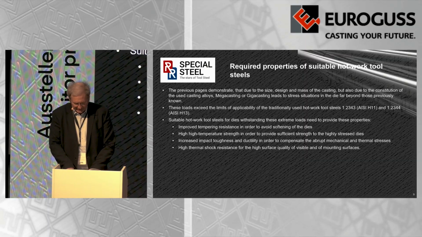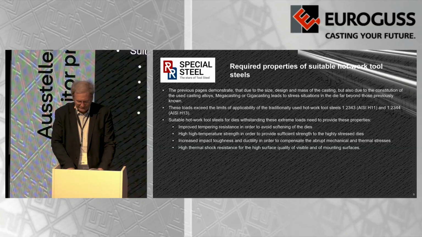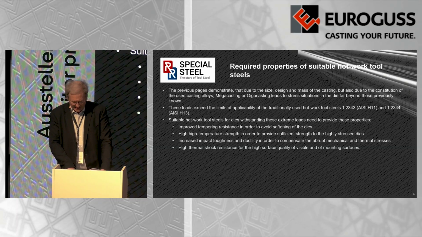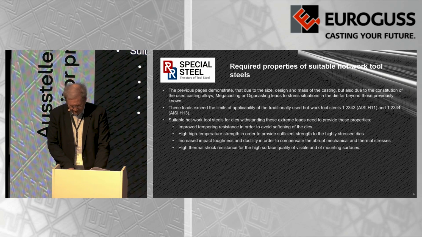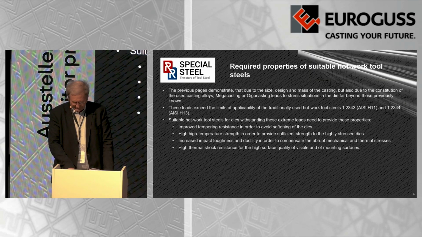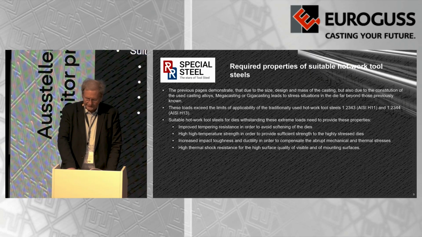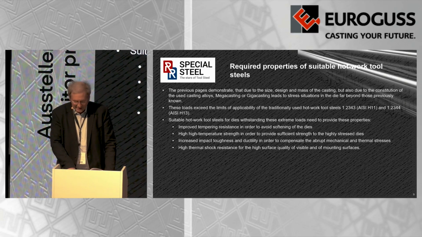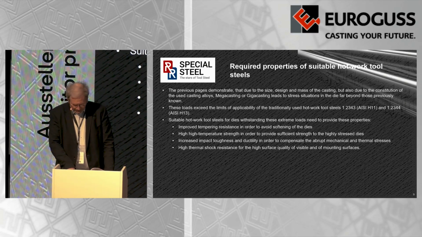On the previous slides, I wanted to throw a light on the challenges by size, dimension, and mass of the castings, but also by the constitution of the used alloys. These challenges are responsible for the fact that mega casting or giga casting leads to a stress situation in the die far beyond those which we had known previously.